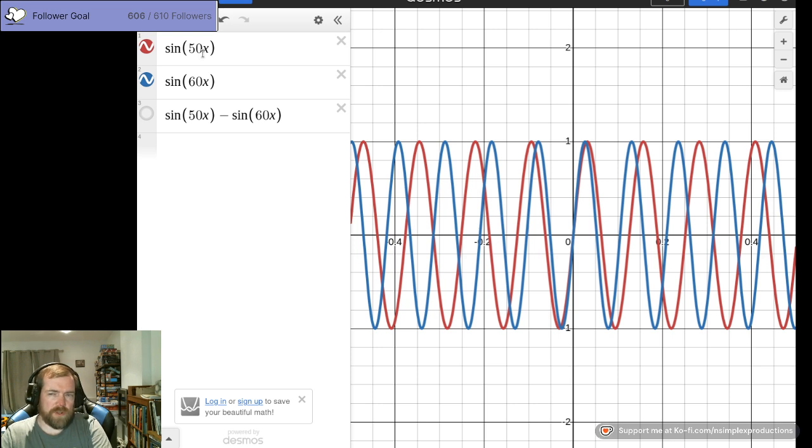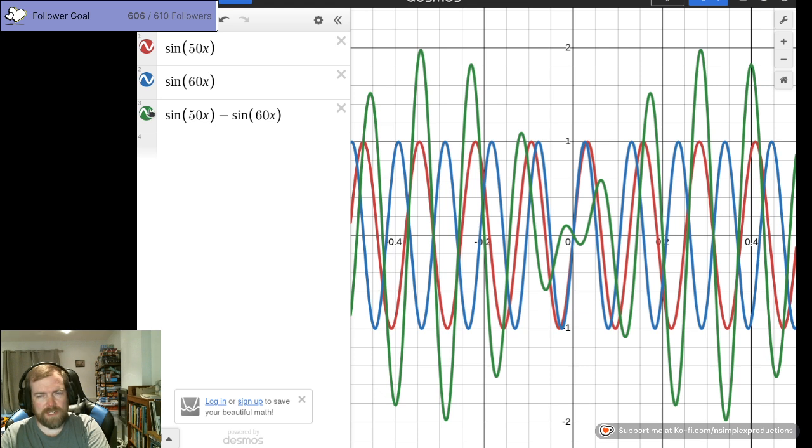It's not going to change the overall fact of what's going on here. Again, UK system in red, US system in blue, and when you find the difference between these two things, we get this green system here.